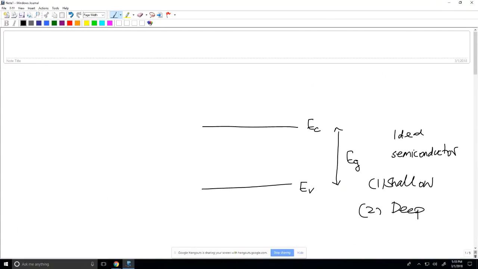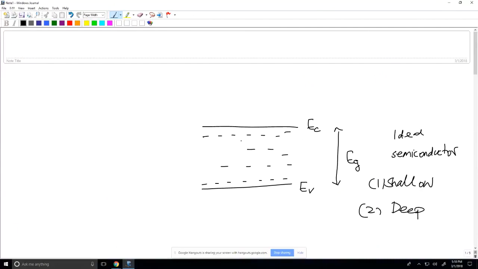Just from the name, shallow states are states that are usually close to the band edges. Think of your dopants; dopants usually form shallow states. Deep states are those that are further away from the band edges, much closer to the center of the gap. The presence of these defects will also affect conductivity.